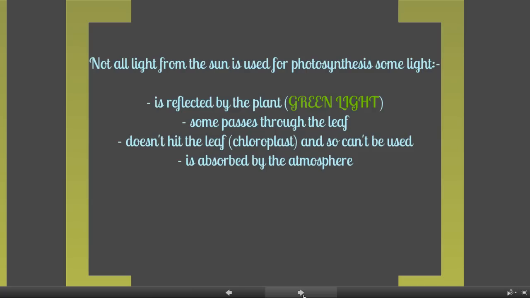Other light doesn't hit the chloroplast, it may hit a different organelle and therefore can't be used. And the majority of the light reaching the earth is absorbed by the atmosphere and isn't actually hitting the plant itself, and therefore the amount of energy converted by the plant is very, very small.